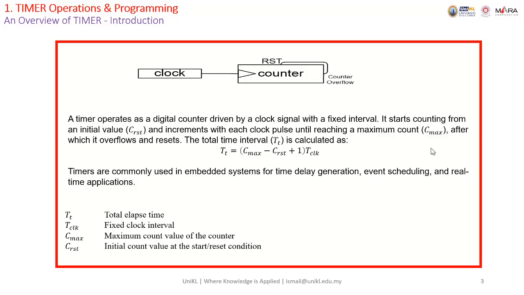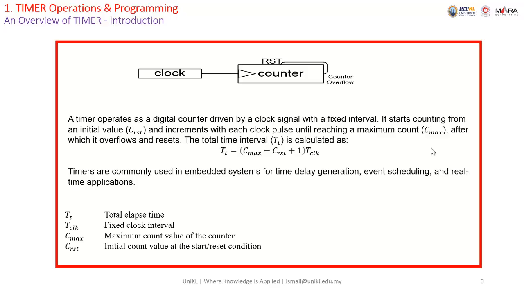So how do we calculate the time taken? It's simple. The maximum count is 65535. Then we minus the count where we start, which is 50,000. So 65535 minus 50,000 gives 15535, plus 1 gives 15536.